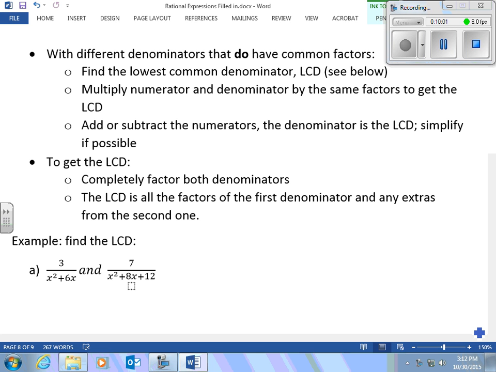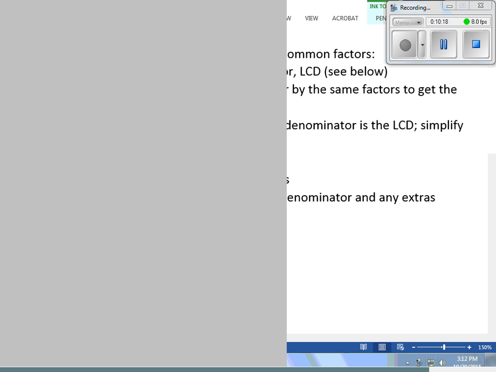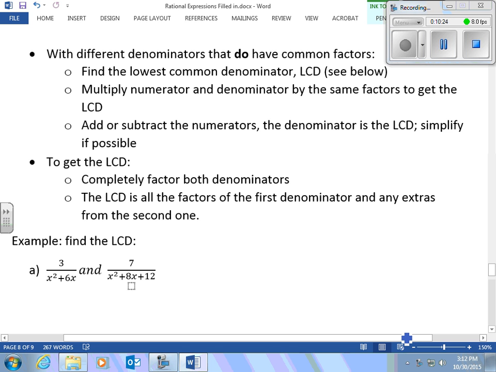So now here though, because they're rational expressions, we need to find the lowest common denominator. And it's a little trickier than with numbers, but really, if you think about how numbers work and how the factors of numbers work, you'll see that it really is very similar. So to get the lowest common denominator, we're going to completely factor both denominators.